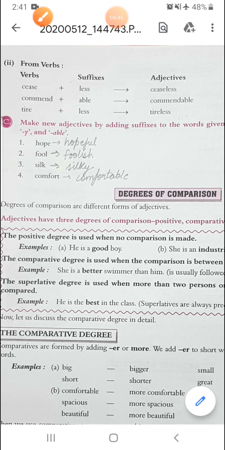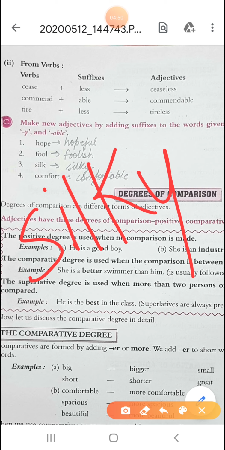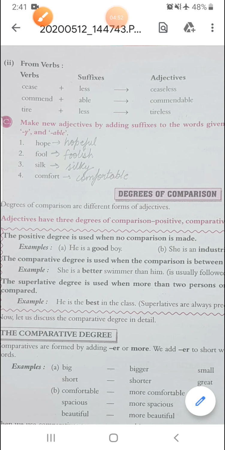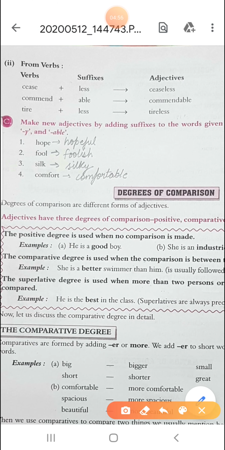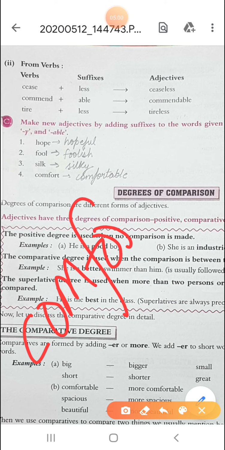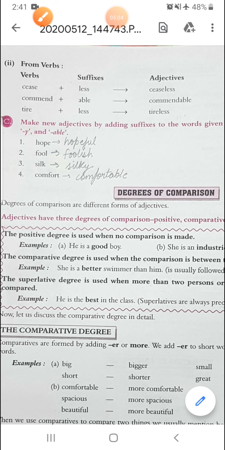Then I have simply added y to silk, it becomes silky. Then I have added able to comfort, it becomes comfortable. So these 4 words we have formed here, or we can say we have formed new adjectives by adding suffix.